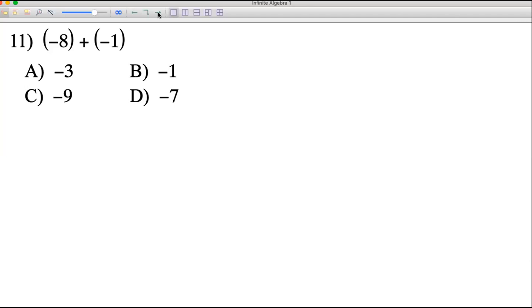When you're adding 2 negatives, the answer is negative. Multiplying and dividing are not the same rules. When you multiply signs that are the same, the answer is always positive. And when you multiply different signs, the answer is always negative. There's your rules.